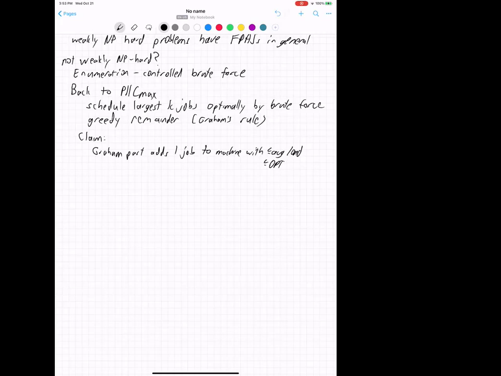So that means that each time I add a job, that machine has completion time at most the optimum plus the time of the job that I added. So let's consider the machine with the worst C_j, the worst completion time.